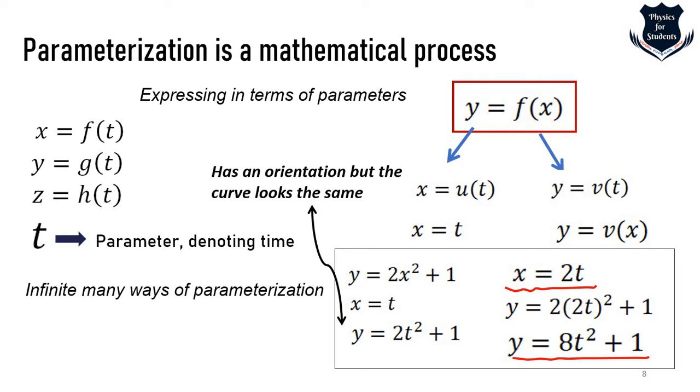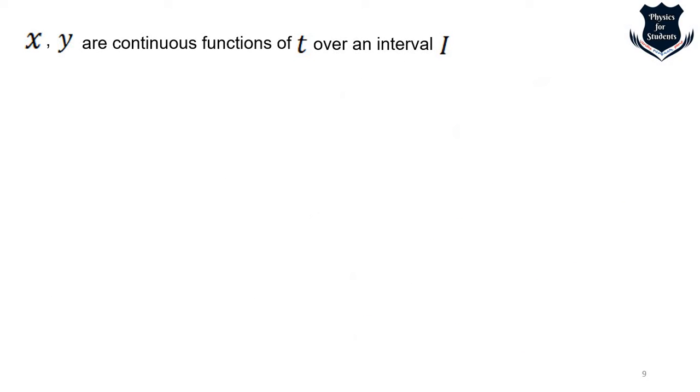So just as I told you, it is not that there is one way, there are infinitely many ways of parameterization. Now suppose we call them parametric equations of t, where x and y are continuous functions of t.